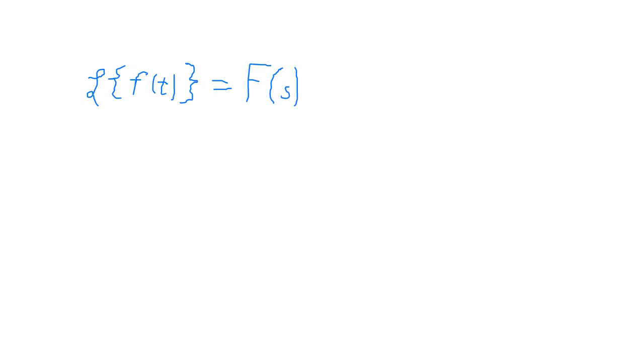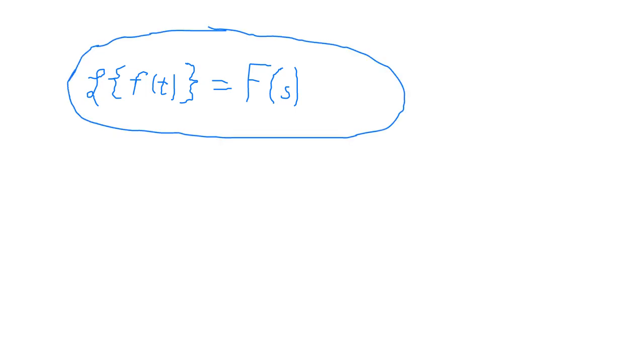They mean the same thing, just different notation. So when you see a big function F of s, that just means the Laplace transform of some little function f of t.